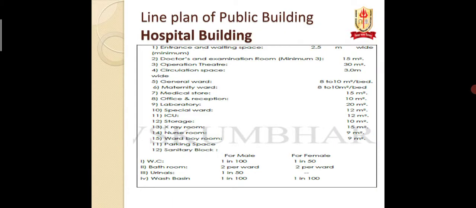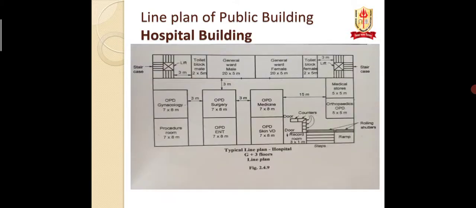Then the hospital building. In the hospital building you can see entrance and waiting space. You can see a doctor's and examination room, operation theaters, then circulation spaces, ICU, then office and reception, medical store, X-ray room, nurse room, ward room, etc. As you can see, hospitals you can place like this.